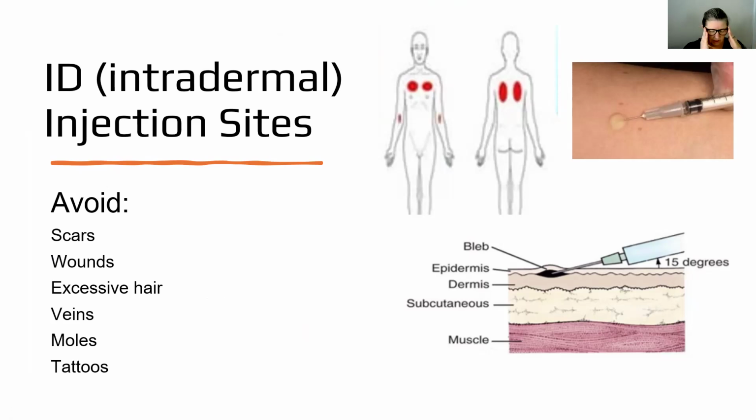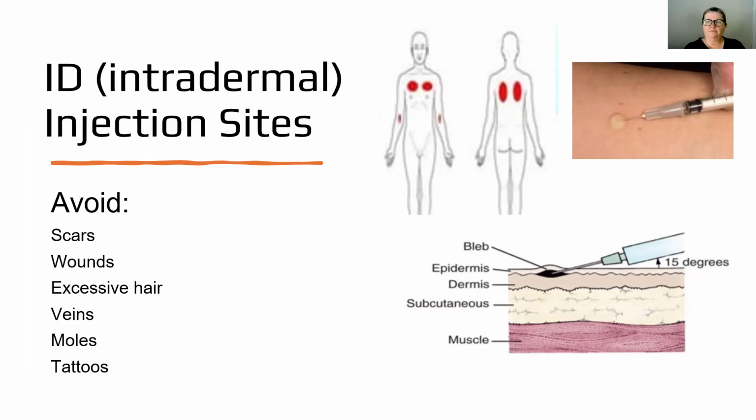Now, there was long ago a big debate about whether you should inject into tattoos. And there are still people that are going to tell you not to do it, but then there's gonna be people that tell you can do it. I am the latter. There's nothing wrong with injecting into a tattoo. However, when you're doing, say, an intradermal injection for purposes of a TB test, and you know you have to get that wheal, try to avoid the tattoos if you can, because it's just really hard to see.